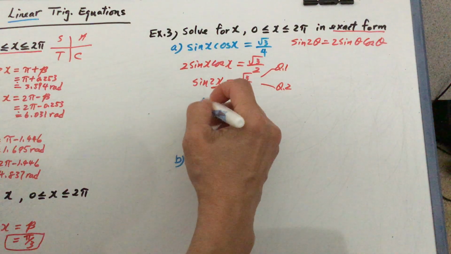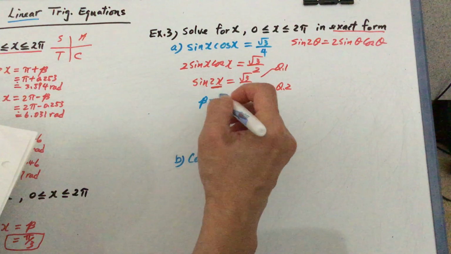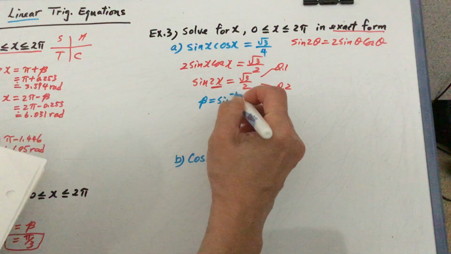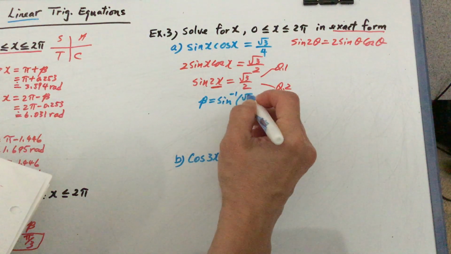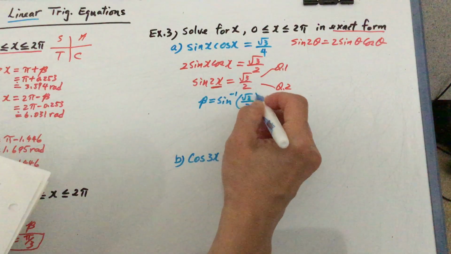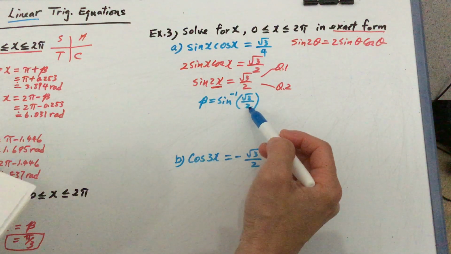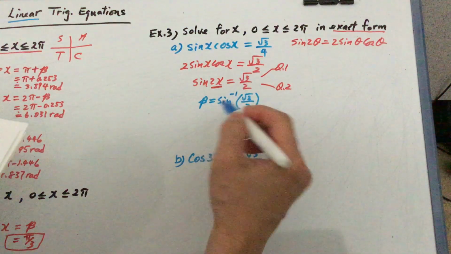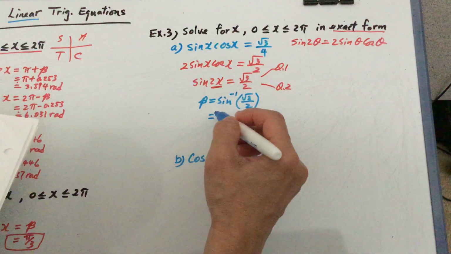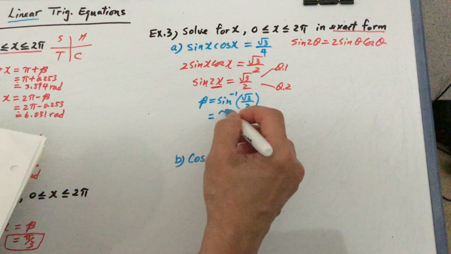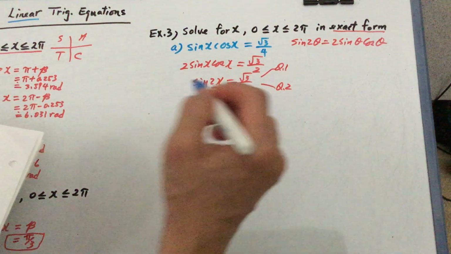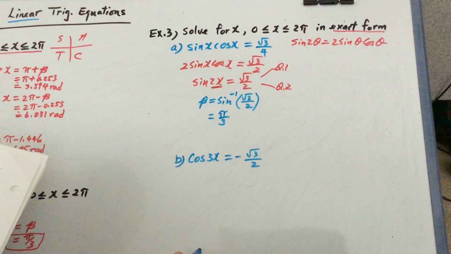So let me find the related acute angle by taking the inverse of root 3 over 2. Again, the opposite is root 3 and the hypotenuse is 2. Then we know the related acute angle must be pi over 3, which is 60 degrees.